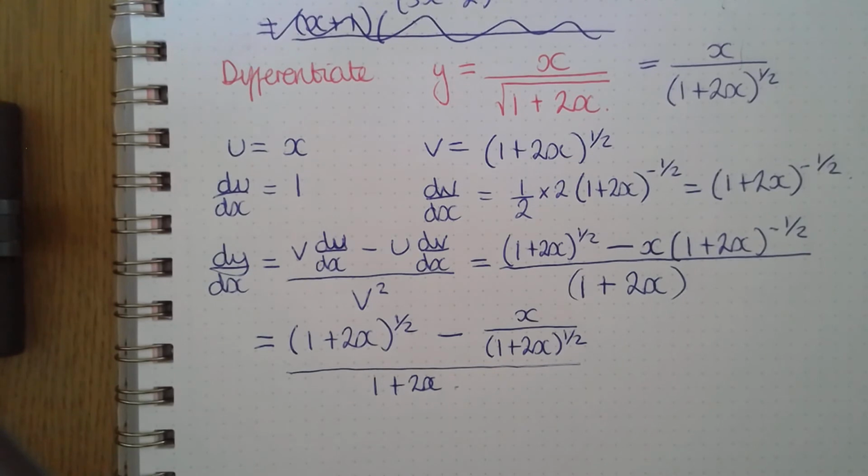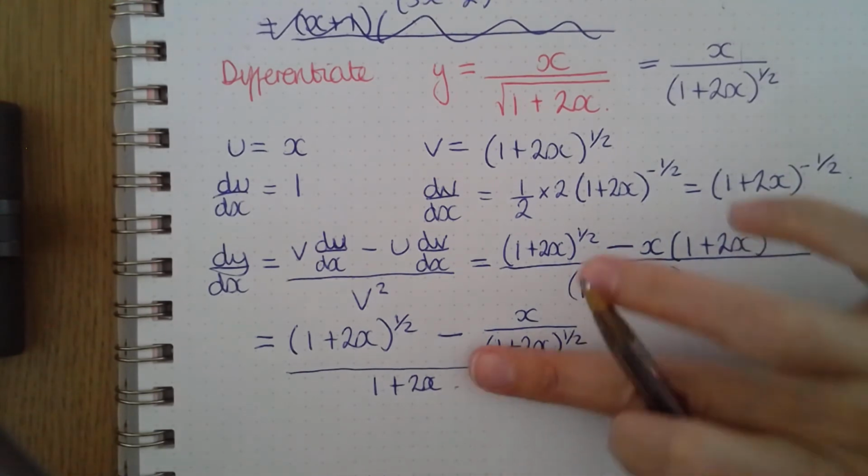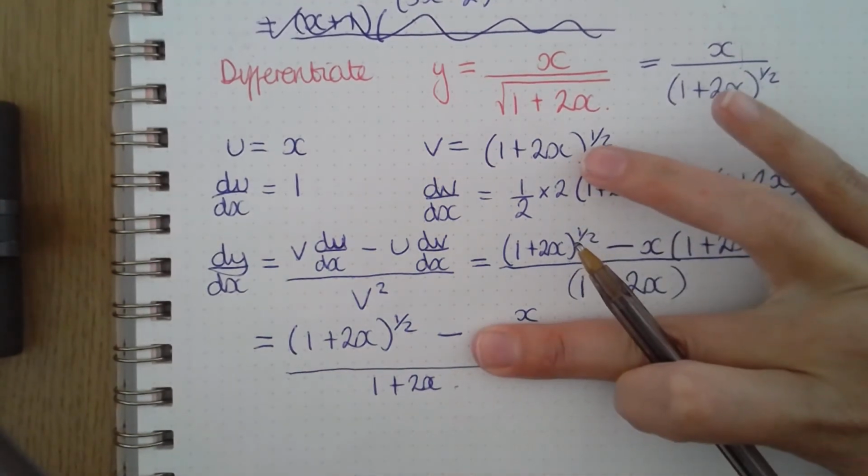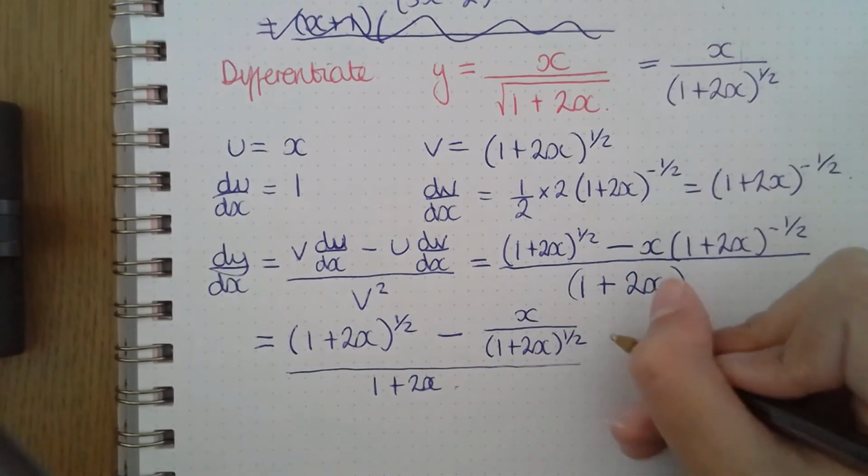Okay, and then what I can do to my numerator, so I can sort it out because it doesn't look the nicest. I'm going to multiply everything by 1 plus 2x to the power of a half, so that I get rid of this denominator. So I'm going to multiply everything by 1 plus 2x to the power of a half, so that that denominator disappears and it's a little bit easier to deal with.